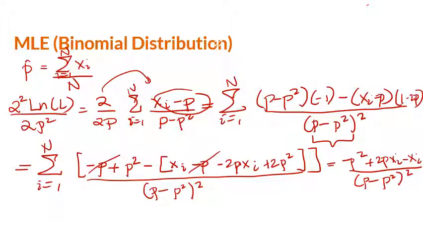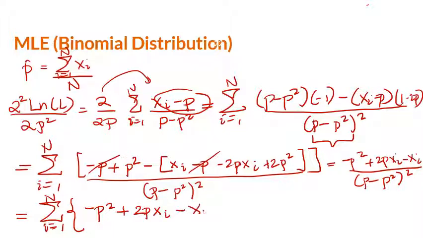So let's look at our summation. So summation of i from 1 to n of these terms: minus p squared plus 2p x sub i minus x sub i, all over p minus p squared, squared. Okay, look at our denominator. Yung denominator natin, p minus p squared, squared.